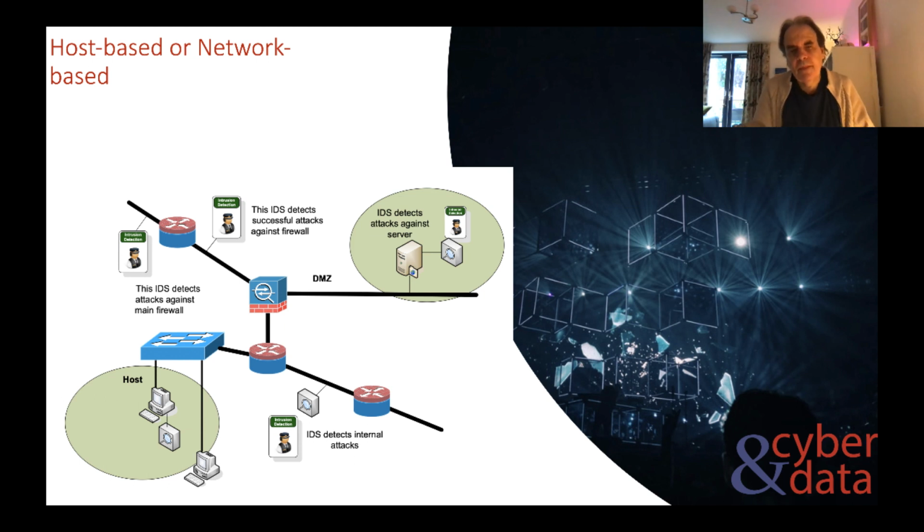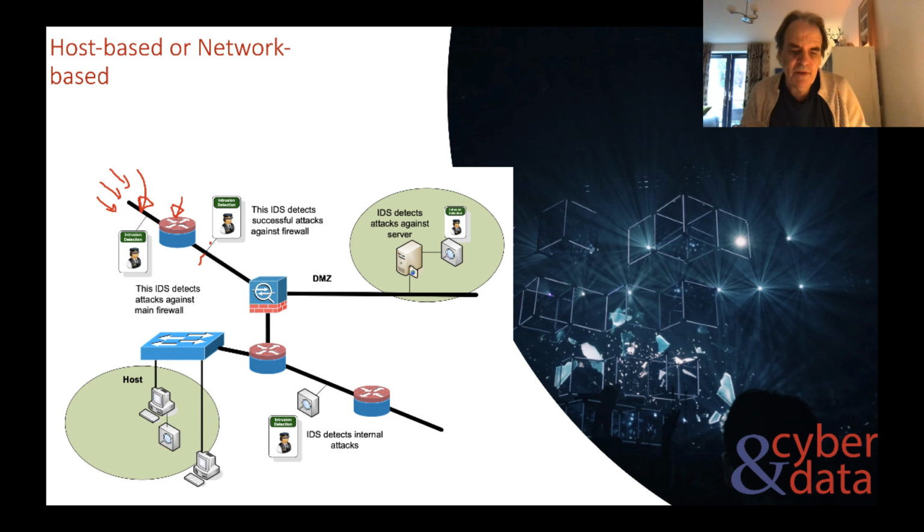Okay, so we can place the IDS at many points inside the network infrastructure. Remember, this could be cloud-based, so this architecture could be in the cloud, and we could have virtualized firewalls and so on. So if this is the main gateway for the organization, then we might set an IDS here, and that will detect the intrusions that are detected here but don't get across the firewall.